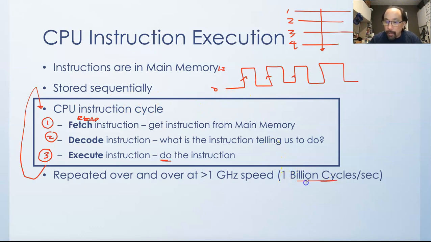Well, we have 1 billion cycles a second. So the period, if we take the reciprocal, 1 over the frequency, is 10 to the negative 9th seconds per cycle.